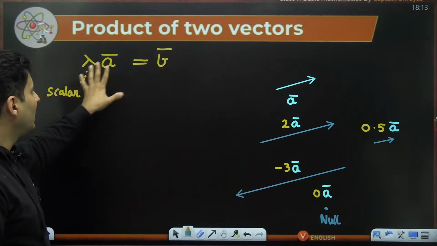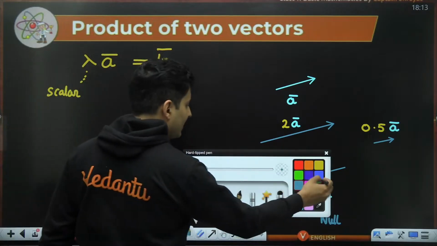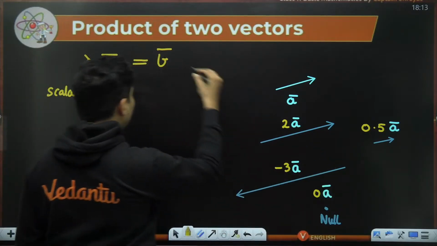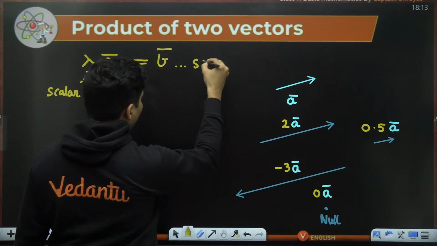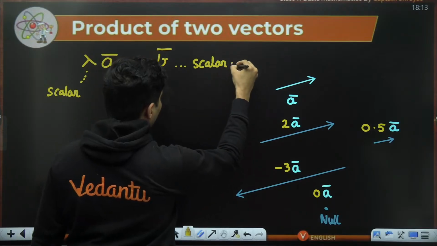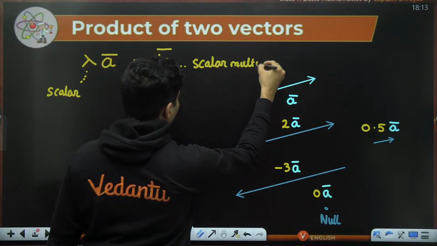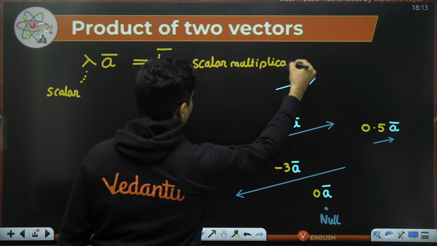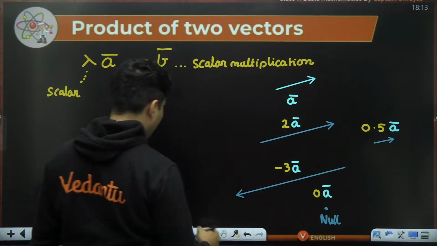So whenever you multiply a vector with a scalar number, such a multiplication is just called scalar multiplication.